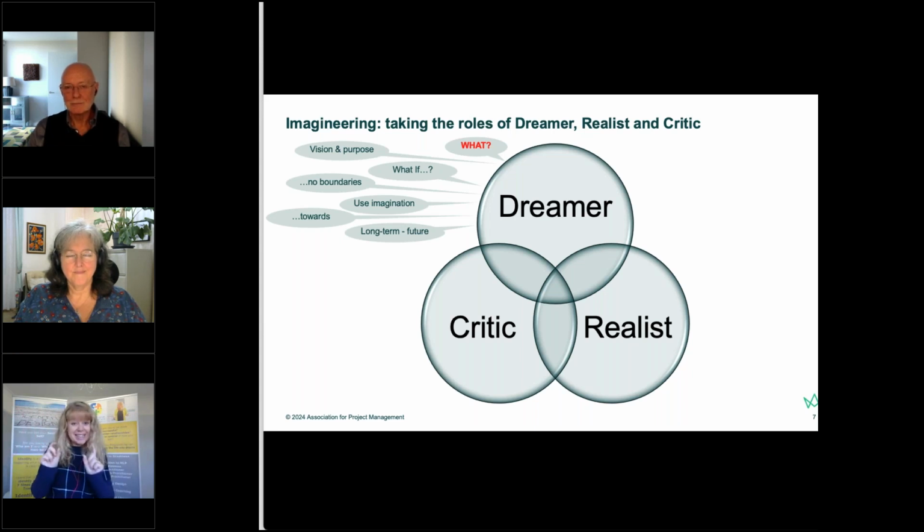The thing I would avoid here, because we need to stay in the space of dreamer, is moving on to realist and critic too early. So ask, and what else? When you come to an edge and think there's nothing else, ask, if there was something else, what would that be?